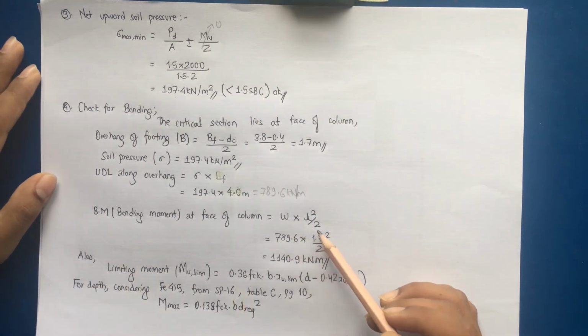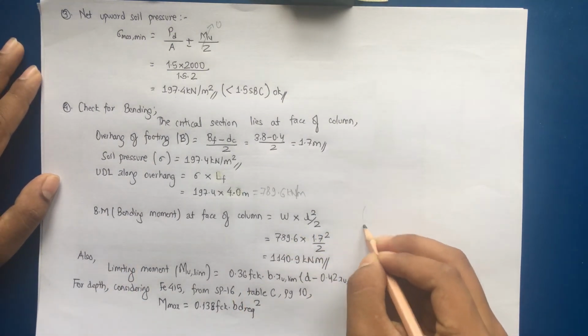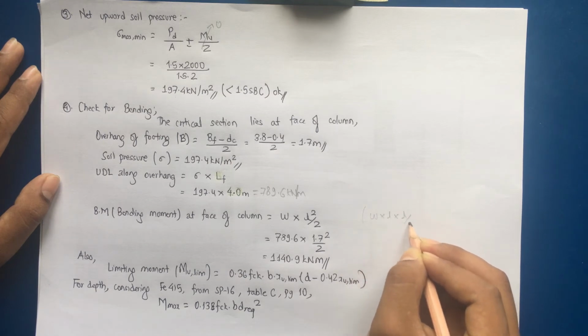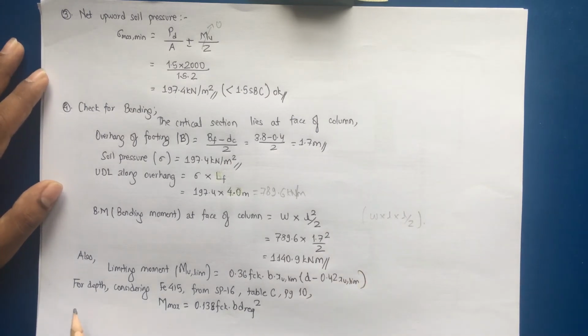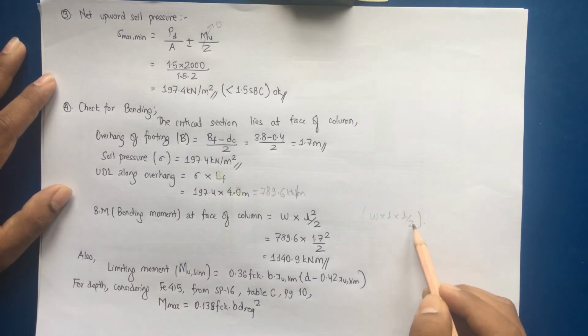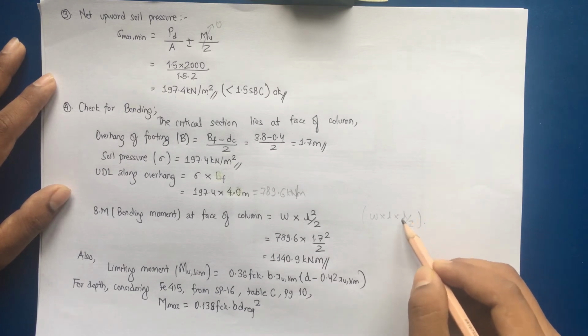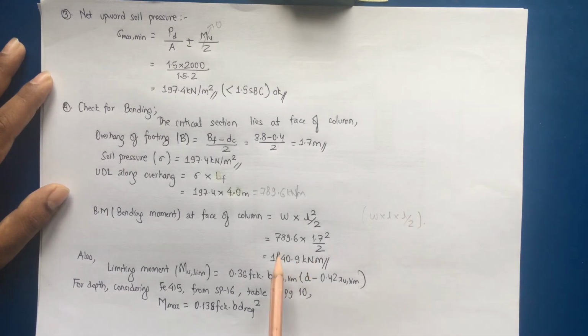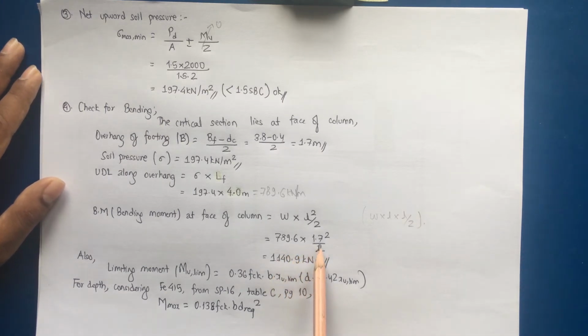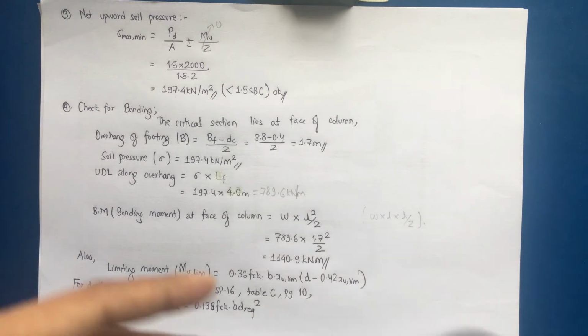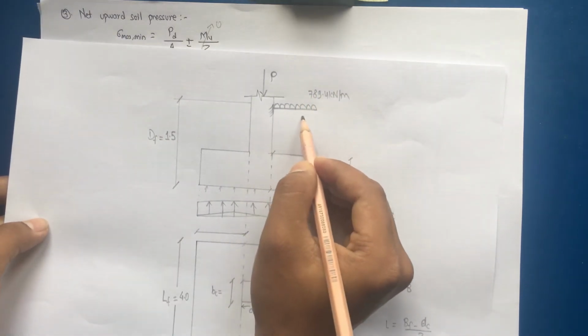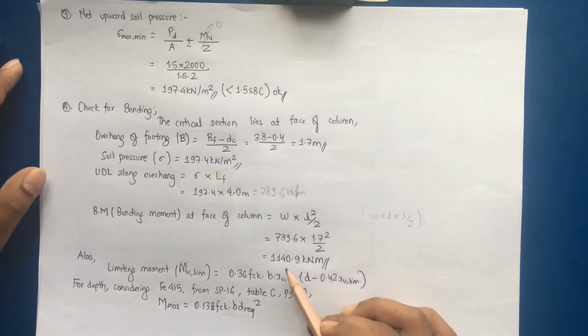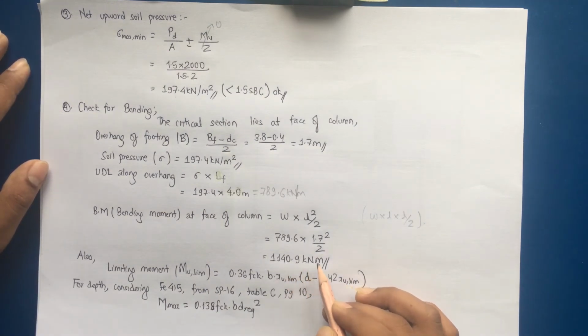This comes as WL square by 2, which basically means W into L by 2, because the centroid of the load is at the midspan of the UDL. So 789.6 into 1.7 square by 2, because the length of the projection is 1.7 meter. This comes as 1140.9 kilonewton meter. This is the bending moment at the face of the column.